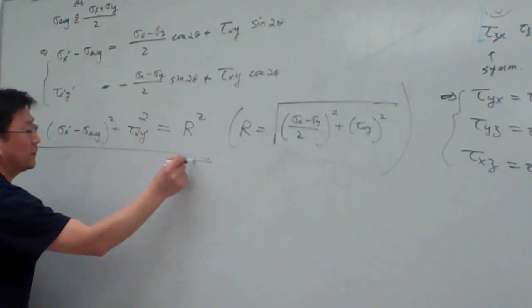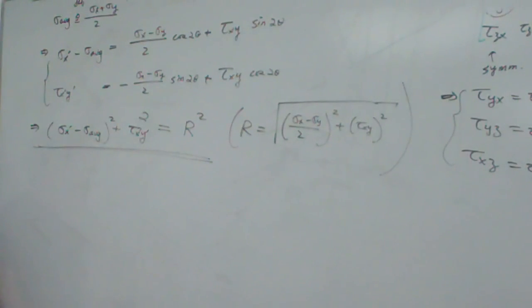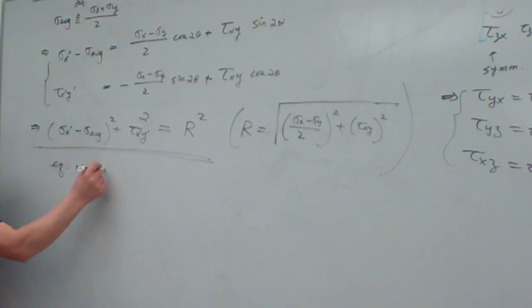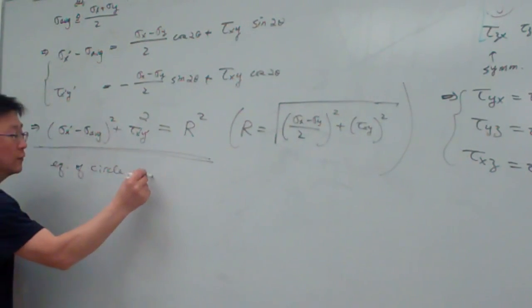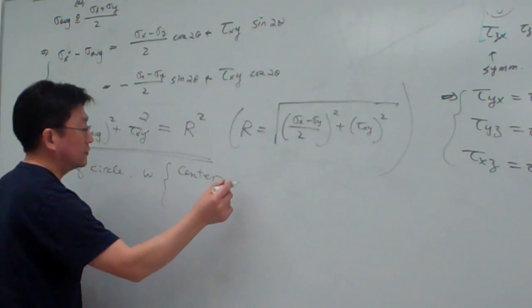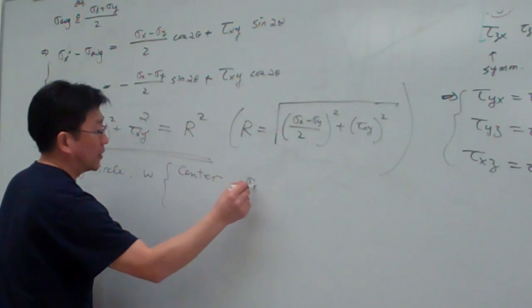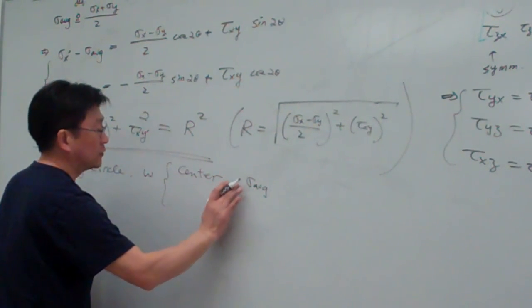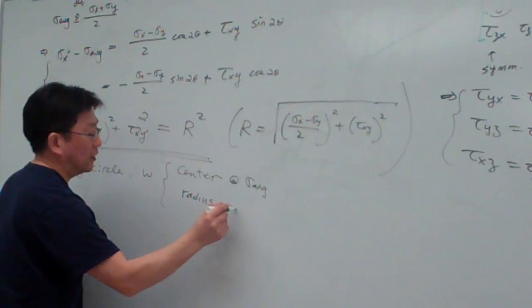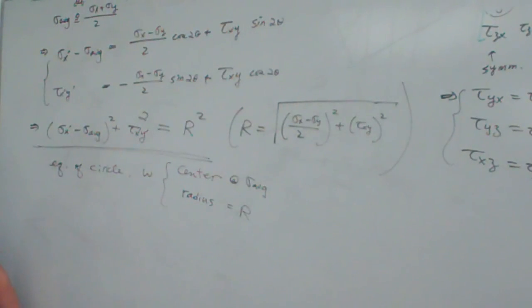This one serves as the basis of building up the Mohr circles. You can see this one is the equation of a circle, with center at sigma average and radius equal to r. Right? So that is the basis of the Mohr circles.